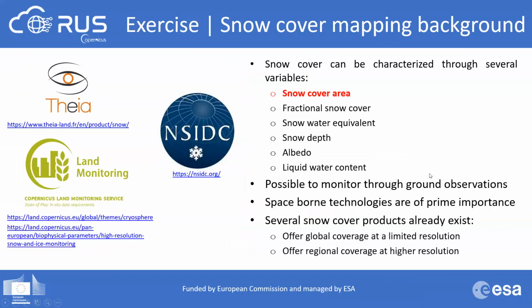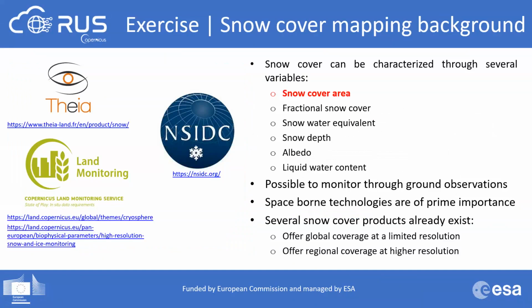So snow cover can be characterized through several variables. The snow cover area that we're going to look at today, but you can also monitor the fractional snow cover, the snow water equivalent, the snow depth, the albedo, or the liquid water content.